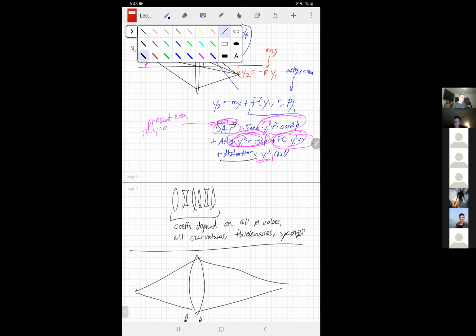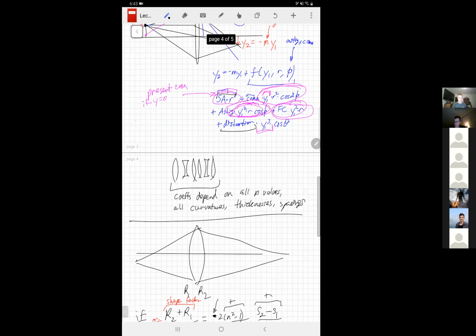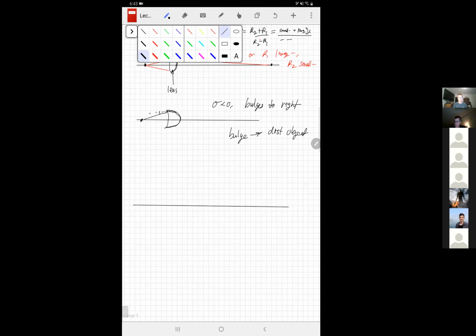If I've got an object that's above the axis, the image had better form below the axis. So y1 is positive, y2 had better be negative.